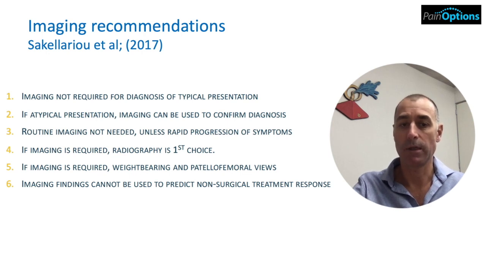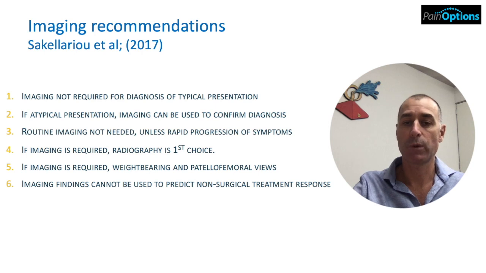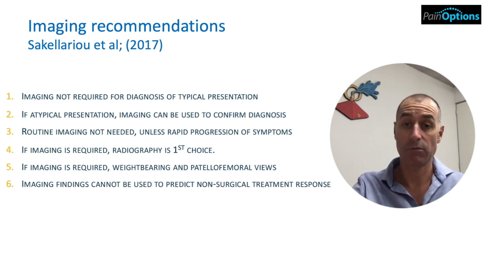So there might be rapid progression of symptoms where that might be necessary, or there's other atypical presentations such as a really hot or swollen knee, or if there was significant trauma involved, then the radiology may be more relevant. So if the imaging is required, then X-rays is the first choice.